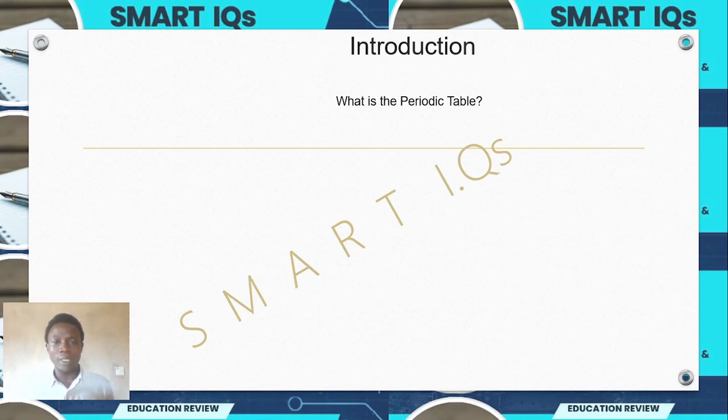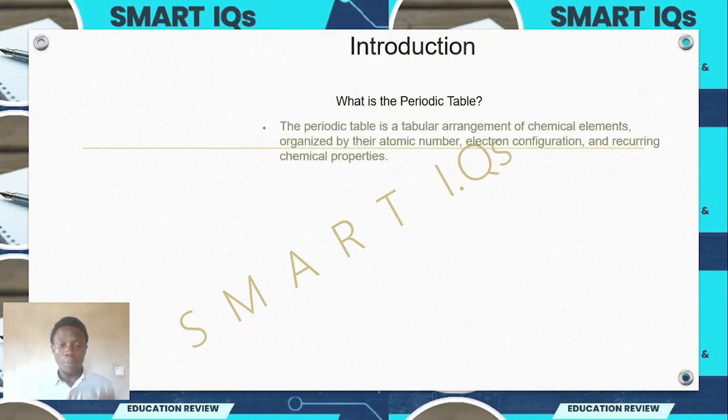Now, the periodic table talks about a tabular arrangement of chemical elements in an organized form, either by their atomic numbers, their electronic configuration, or by their chemical properties. Are we together? Good. So what is the periodic table?